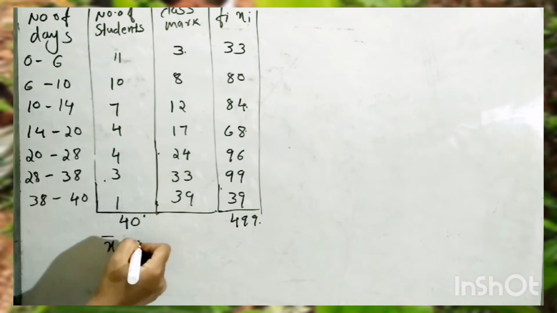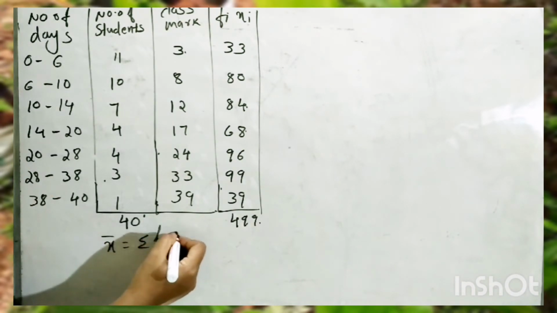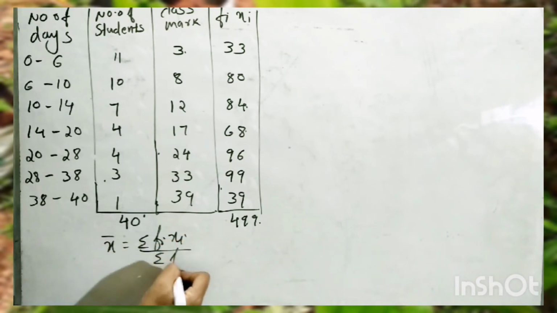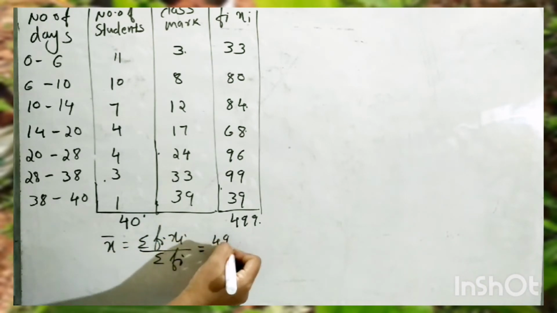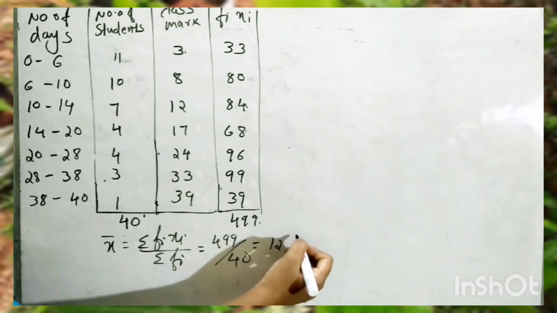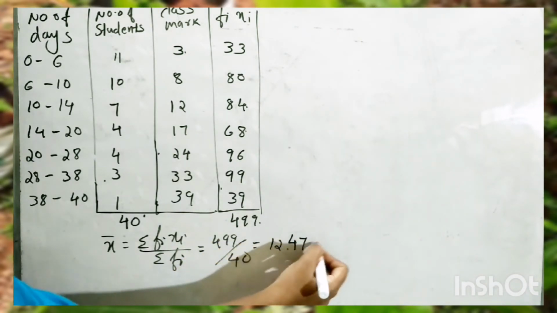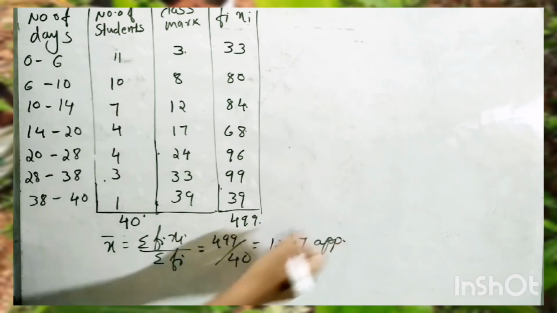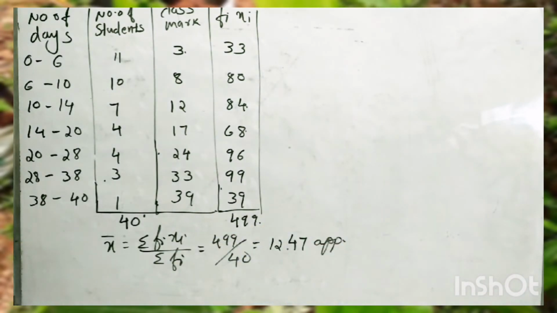By using the direct method, x bar is equal to summation fi xi divided by summation fi, which is 499 divided by 40, equal to 12.47 approximately. Hence, the mean number of days a student was absent is 12.47 approximately.